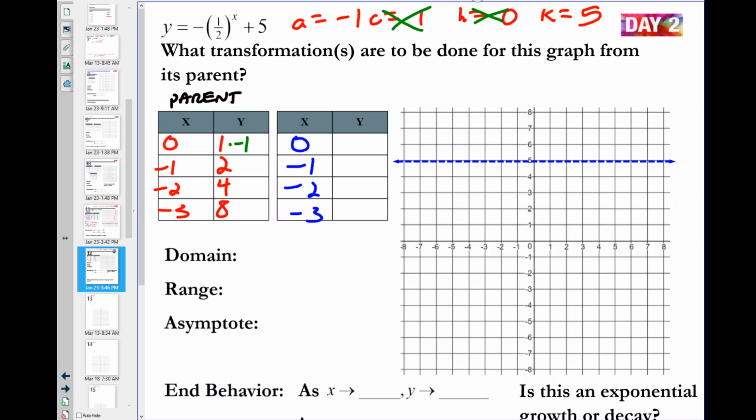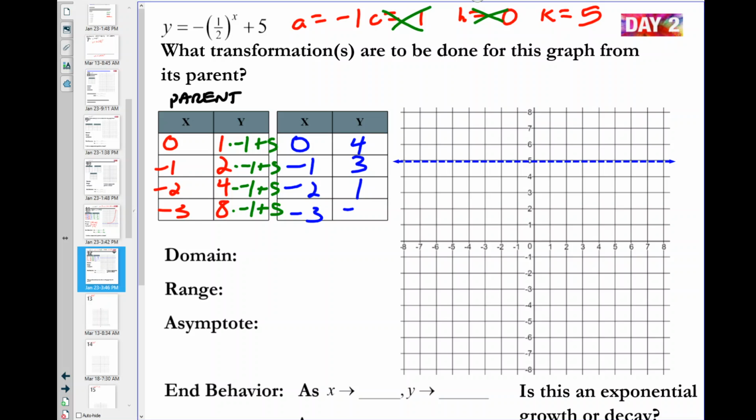But I have to go to all of these y-values and go times -1 plus 5, times -1 plus 5, times -1 plus 5, times -1 plus 5. 1 times negative 1 is negative 1 plus 5 is 4. Then negative 2 plus 5 is 3. Negative 4 plus 5 is 1.